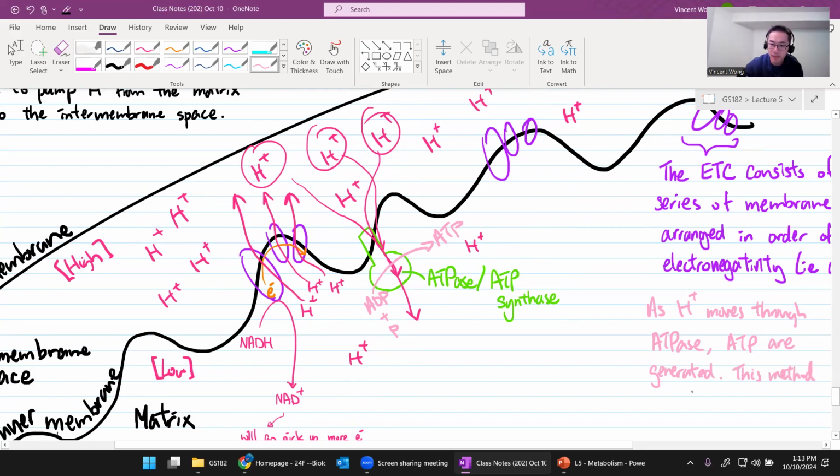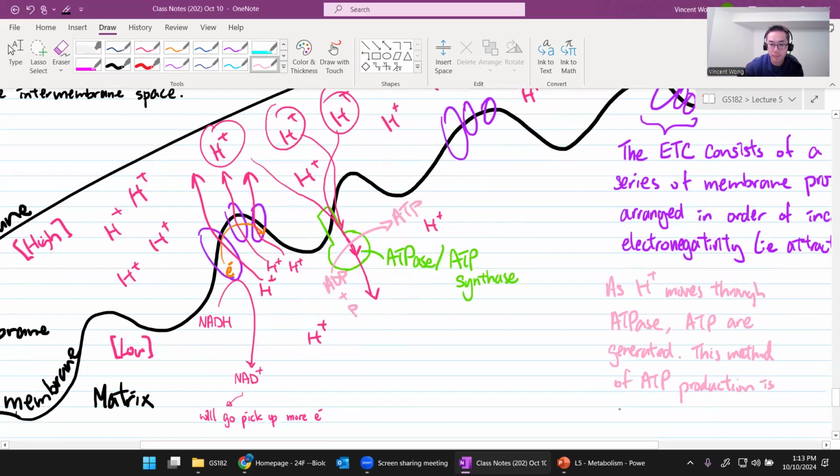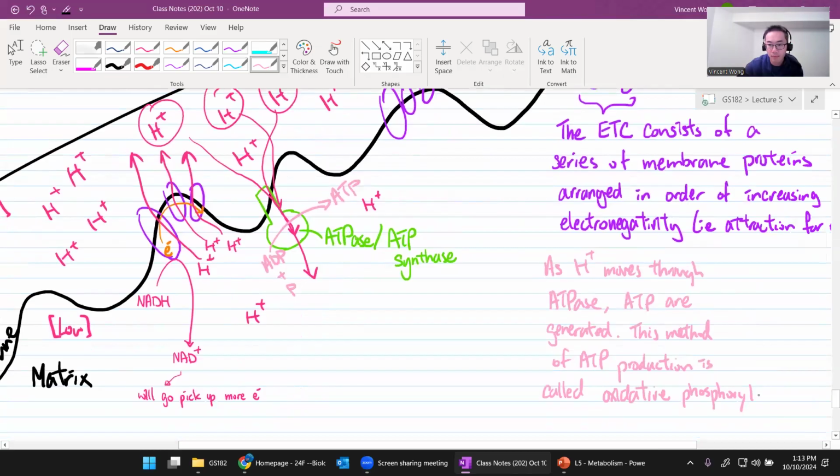This method of ATP generation, ATP production, is called oxidative phosphorylation. That's it. That's oxidative phosphorylation. 32 out of the 36 ATPs are produced this way. Okay, 90% are produced this way.